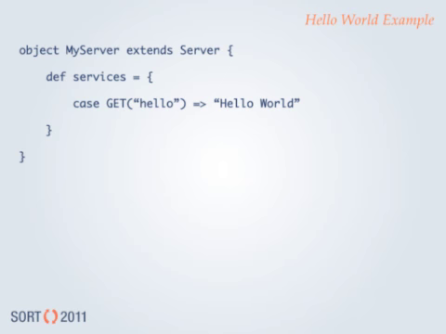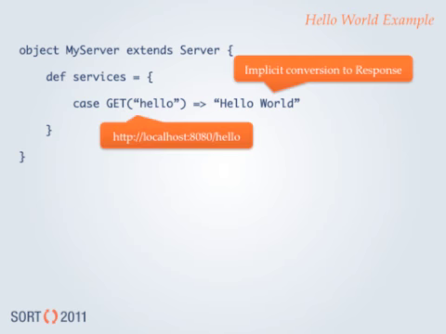So what happens here is that I'm saying I want to match on the case where I'm getting an HTTP GET where the top level path is /hello.